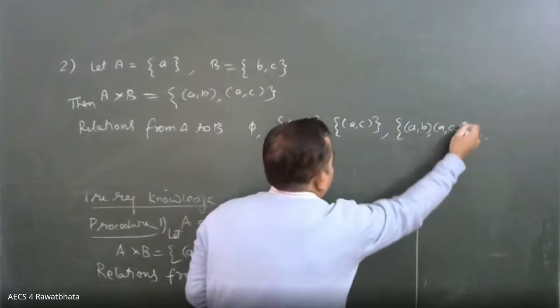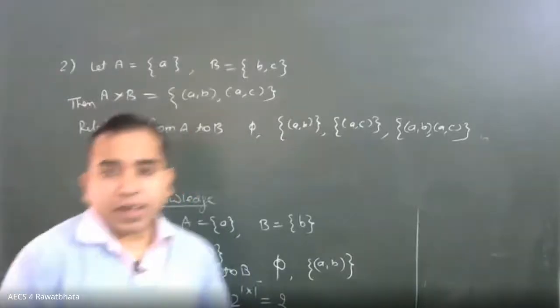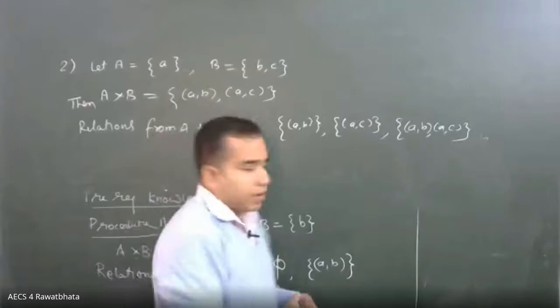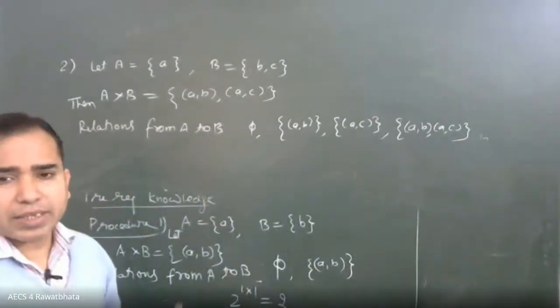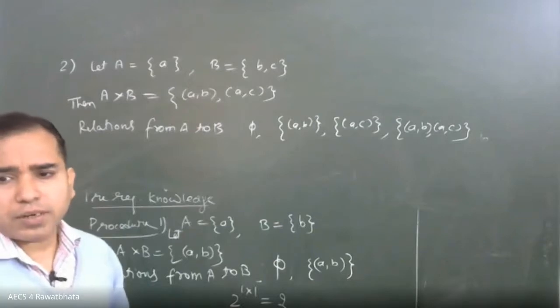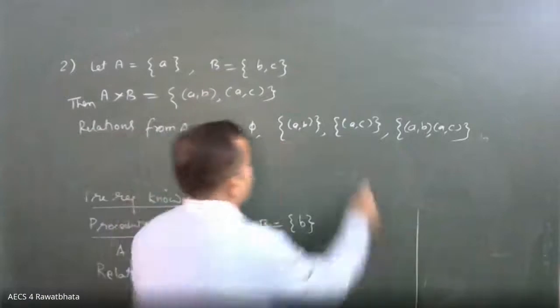AB, AC. So total how many relations, students? How many relations? 4. Students, be active. Respond. Yes, Deepal. How many relations? 4 relations. 1, 2, 3, 4.